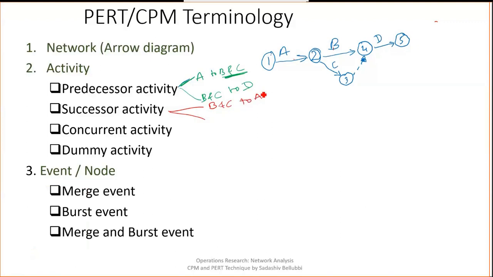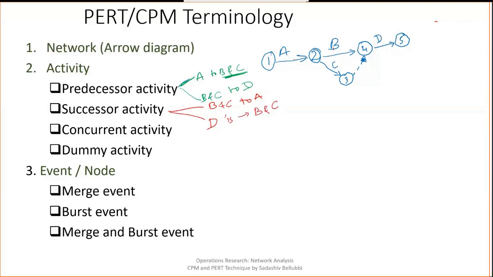It means that after completion of A only, B and C are started. The meanings of predecessor and successor are almost the same, but predecessor means previous, successor means afterwards. D is a successor to B and C.